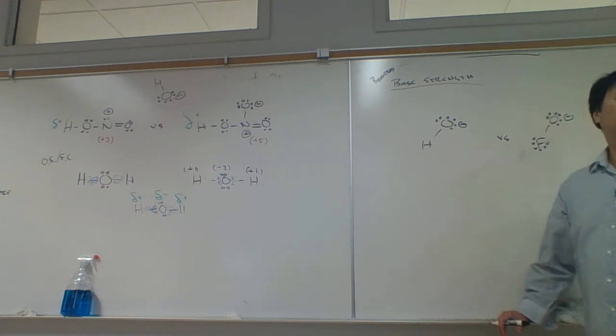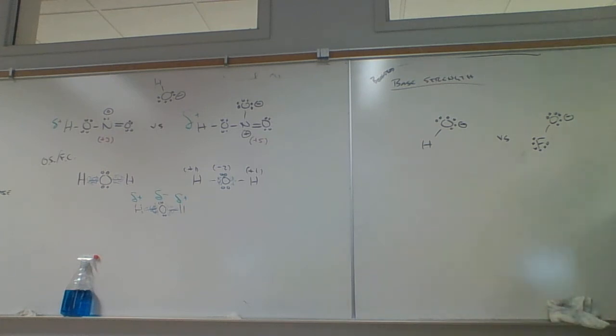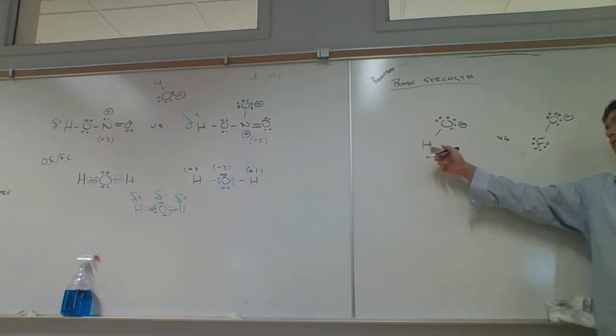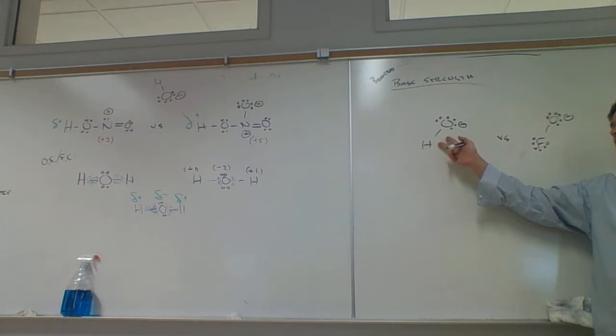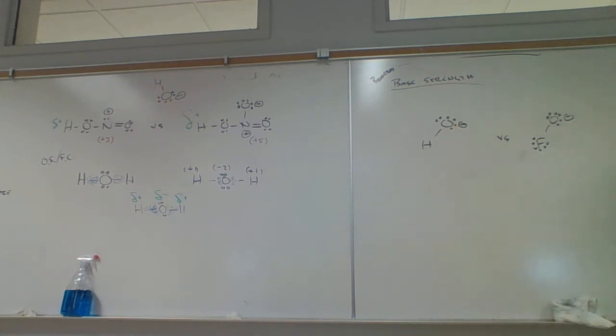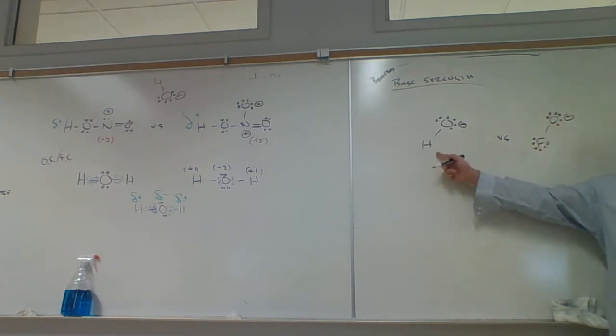Basically, it's because of the F. What happens is hydrogen versus oxygen. Hydrogen is a 2.1, oxygen is 3.5. So oxygen has a higher electronegativity, which is going to pull the electron density, even though this oxygen is negatively charged here. Now we're looking at fluorine. Let's compare the electronegativity of hydrogen versus fluorine.